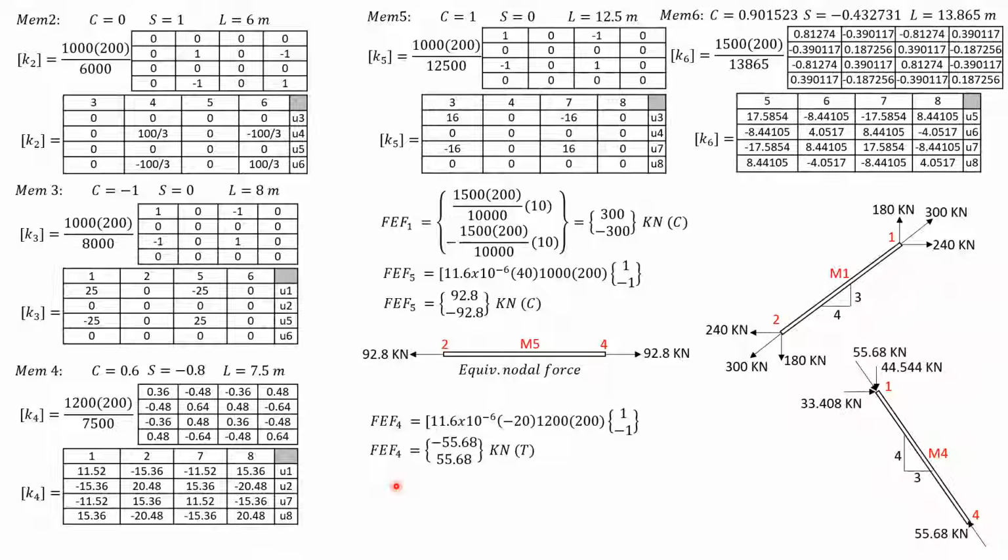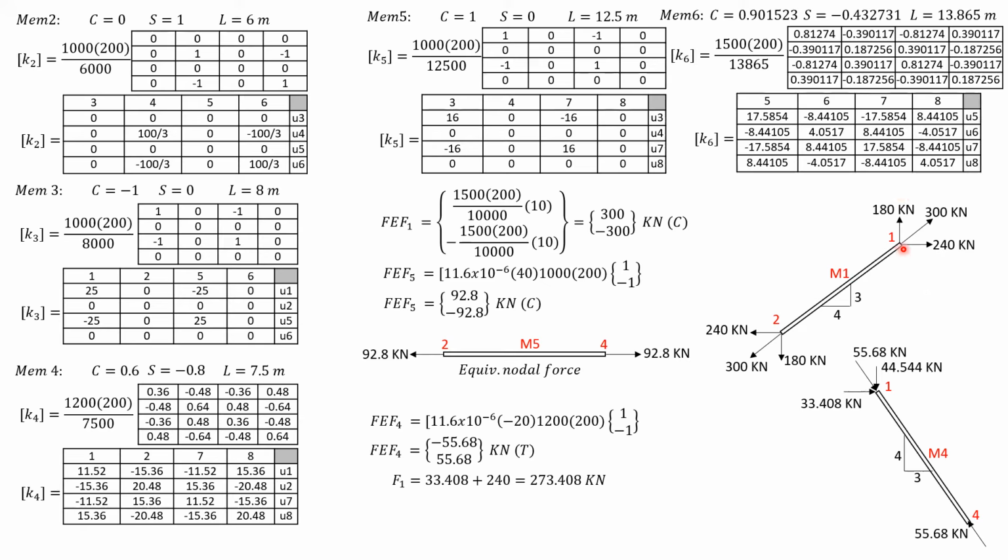So F1, the horizontal component of the nodal force at 1, is 240 plus 33.408, that's 273.408 as the horizontal force in node 1. Then for F2, the vertical nodal force at node 1, remember that the truss already has an 80 kilonewton downward load.